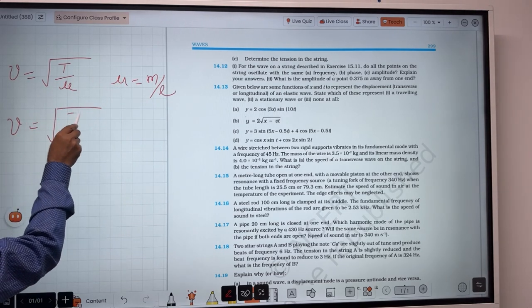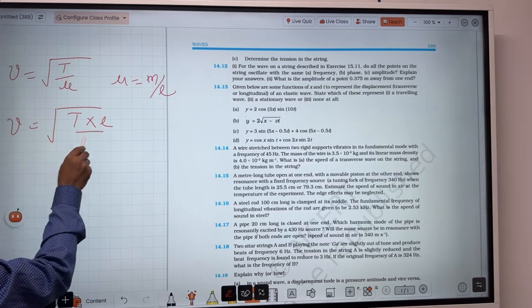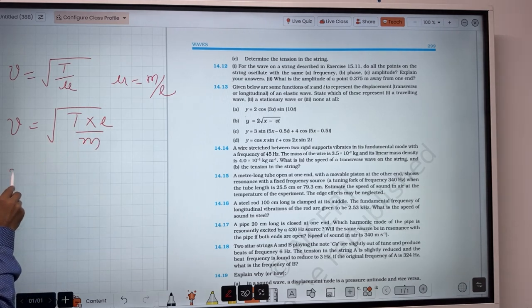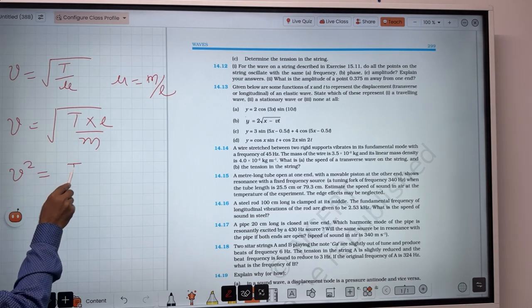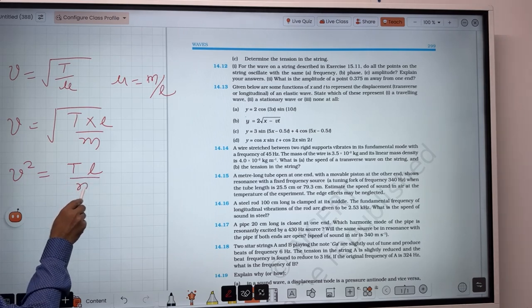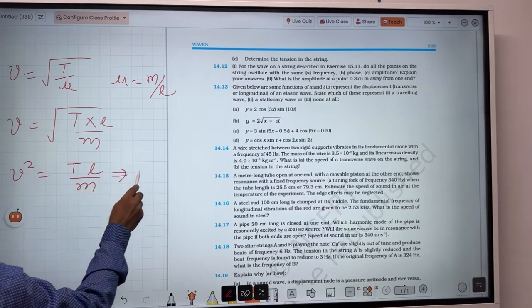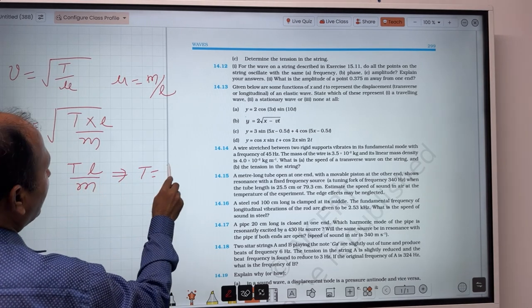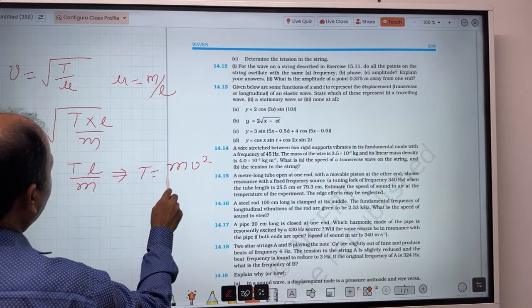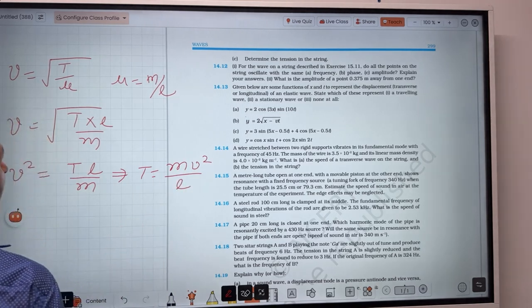So v equals root of T into L divided by m, or we can square it. v square equals T L divided by m, which gives T equals m v square divided by L.